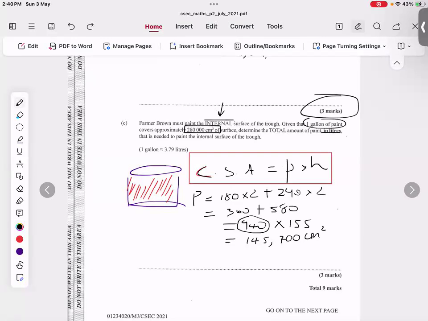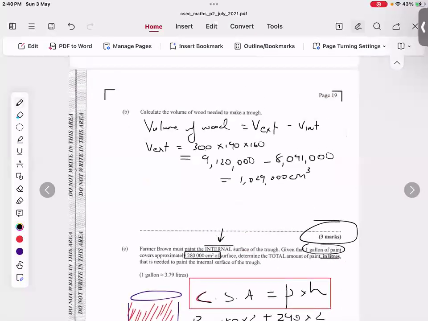Sir, for the gallon? No, we don't reach the gallon part yet. We don't find the area yet. We have what we have right down here, the 145,700. Yes, you have two different size walls, Antonia, but remember the formula for curved surface area works regardless.